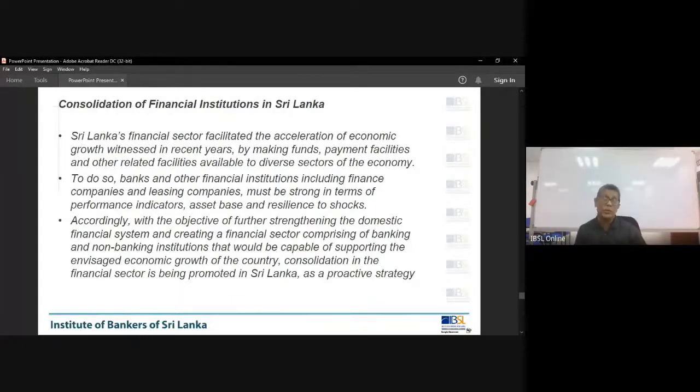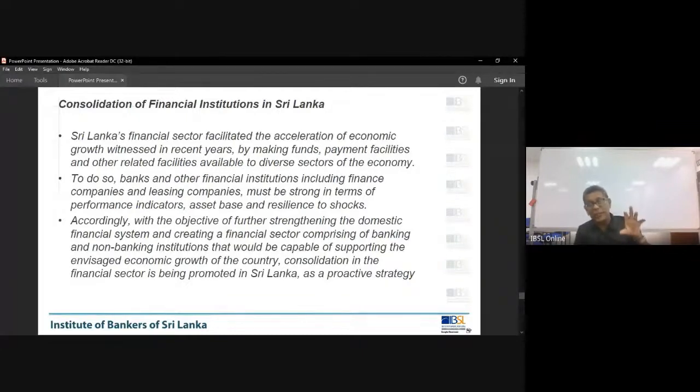They have a lot of issues. So I feel that in this budget, the central bank can come up with something, or otherwise they may come up with requests asking all these financial institutions to consolidate.